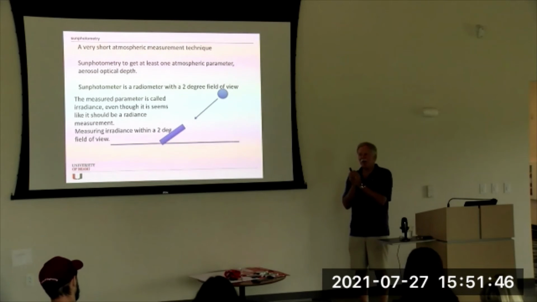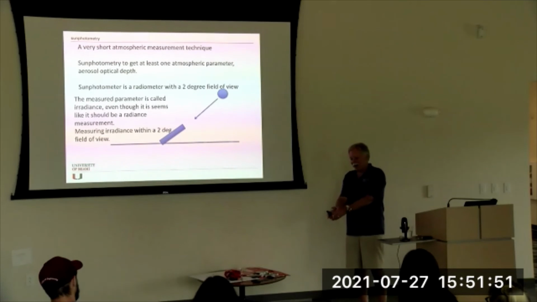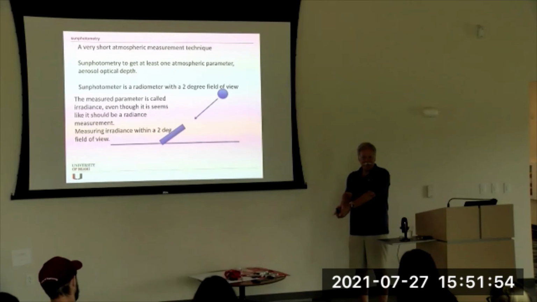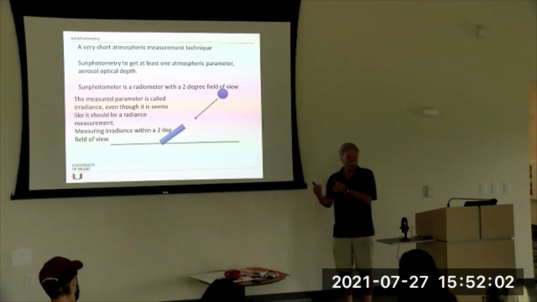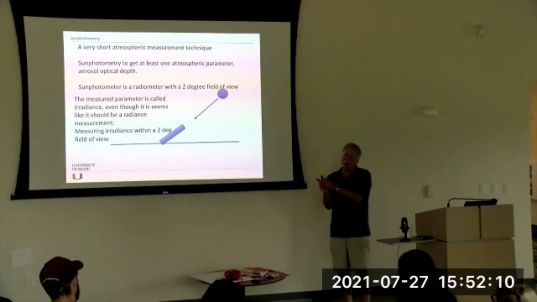The reasoning is when you talk about something like radiance, radiance is the energy per solid angle. Now, when I make a measurement of the radiance of something, I want it to be fairly uniform across my field of view because I want that measurement to make sense. The 2-degree field of view is sort of picked by the World Meteorological Organization, because if you're pointing something at the sun, 2 degrees gives you a pretty good chance to hit the sun.